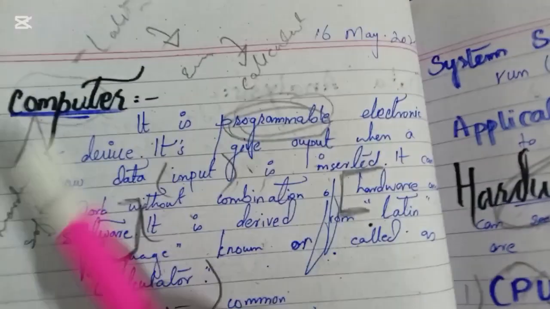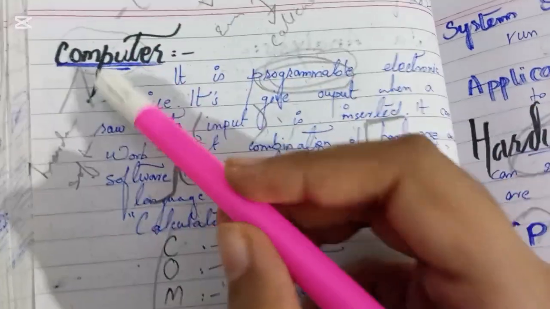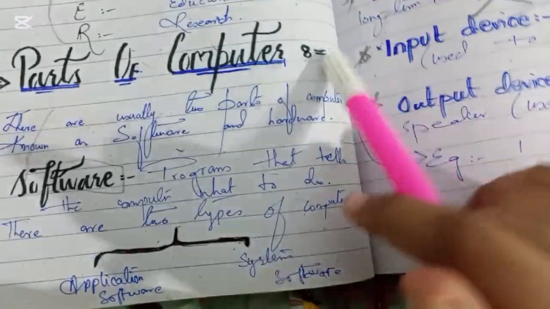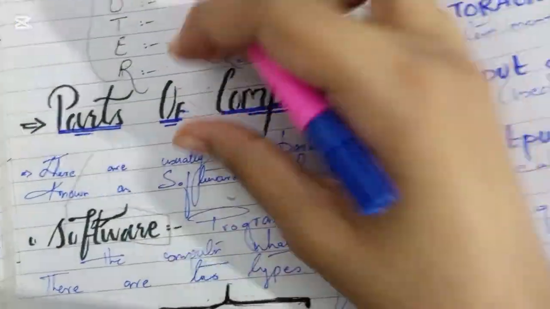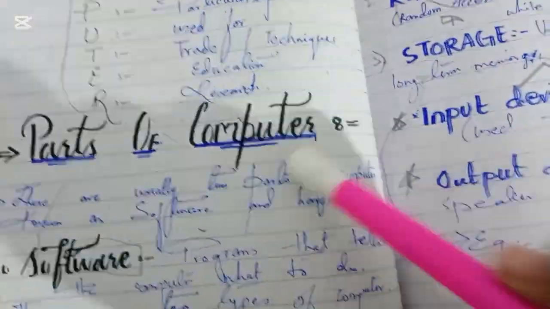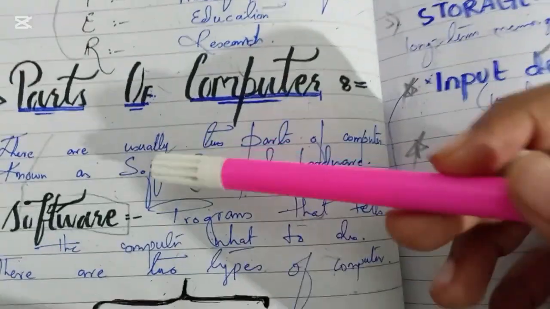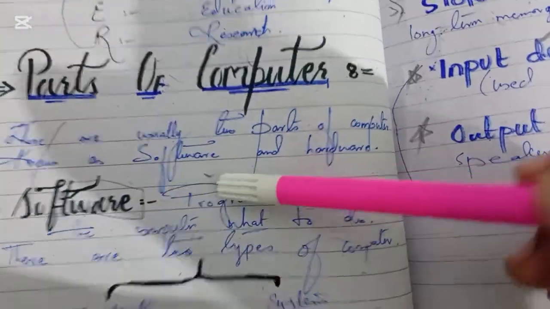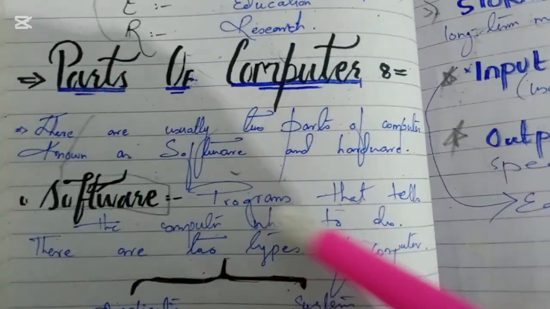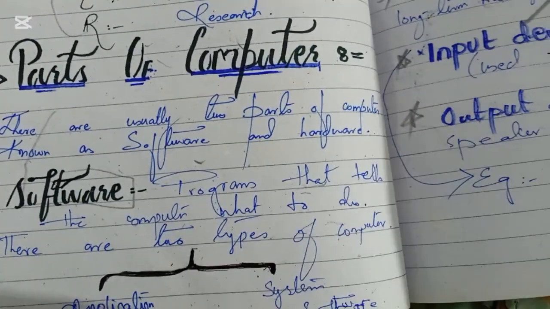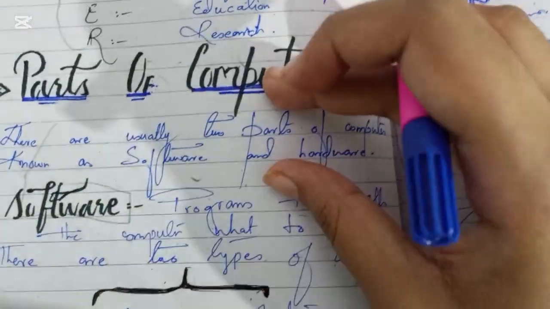Now, as we know, computer is the combination of hardware and software. So these are the main parts of a computer. Let's talk about software first. Software is the program that tells the computer what to do.